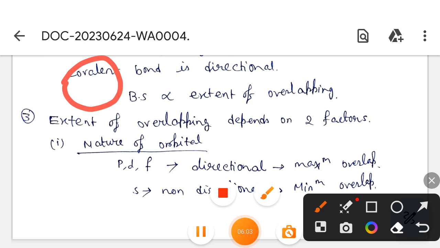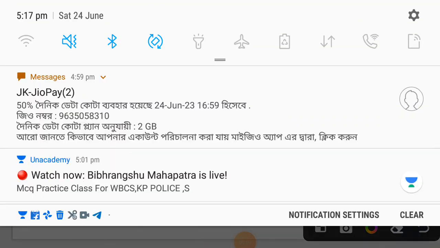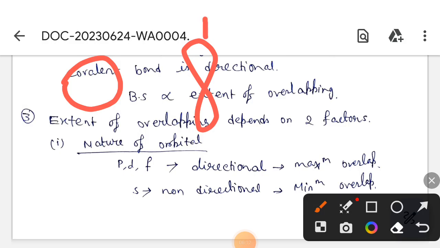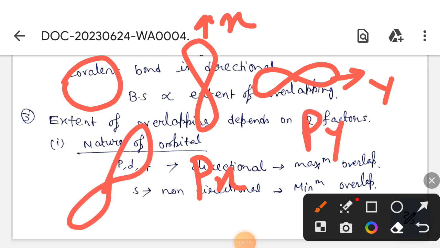Next, if you draw the p orbital, if you take this as the x axis, this is px, if you take this as the y axis, then this is py, and this is the z axis.